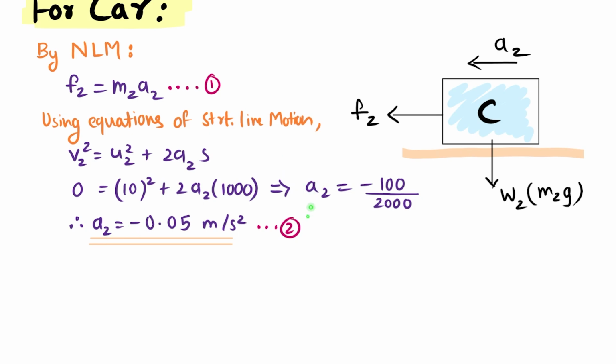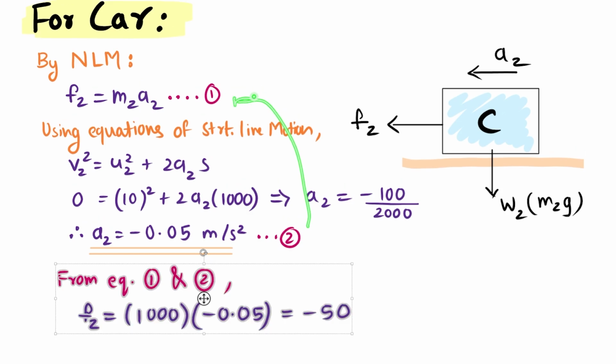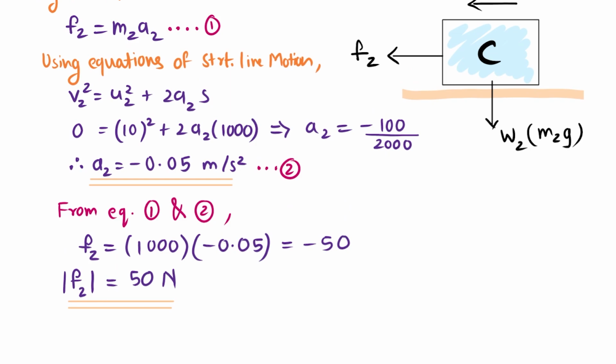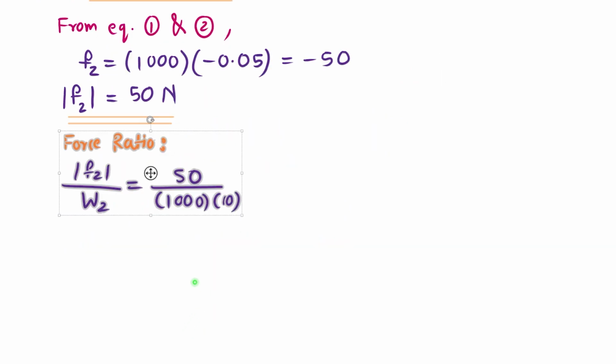We use this value of acceleration in this equation to calculate our friction force, which in this case comes out to be minus 50. Again, I'm only interested in the magnitude of this force, so my magnitude of frictional force acting on car is 50 newtons. Quickly finding the ratio, so frictional force acting on car divided by the weight of the car.